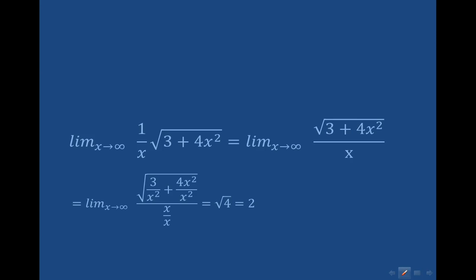Then 3 over x squared equals 0, and x squared will be cancelled by x squared, and the remainder here will be the square root of 4 over x divided by x equals 1. Then the remainder equals square root of 4, which equals 2. And this is the limit when x tends to infinity. Thank you.